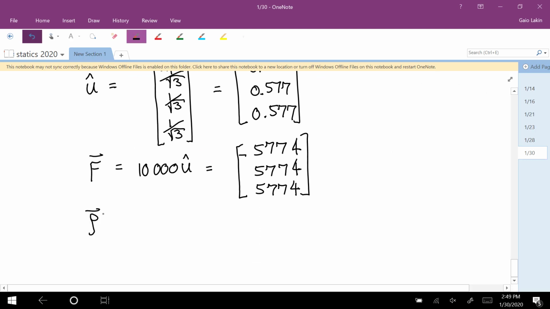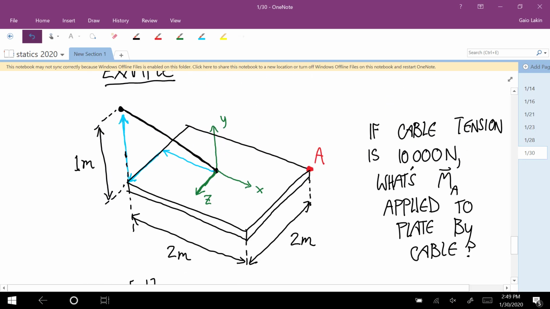So that row vector is -1, 0, 1. A meter this way, and then a meter this way.